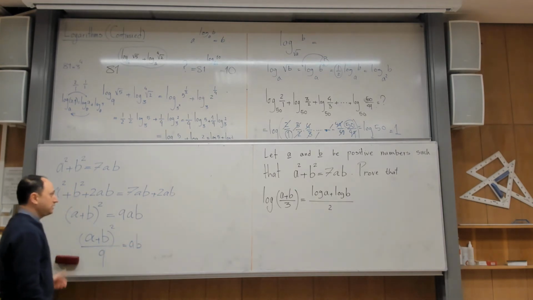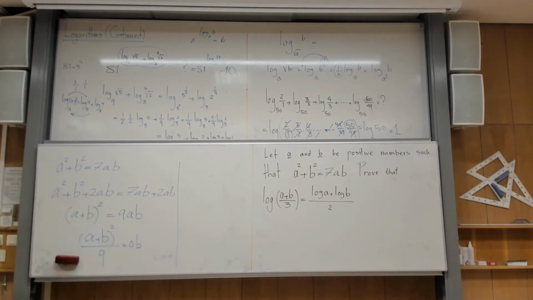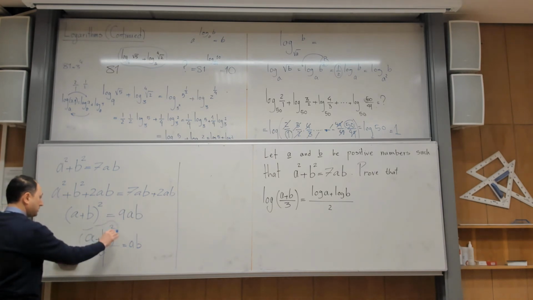Okay, now if you understand what is going on, what will be the next step that I will do? Because this is not exactly what I need, it's very close to what I need. I would write it in a way that what I need emerges, yes? So what should I write instead of this?